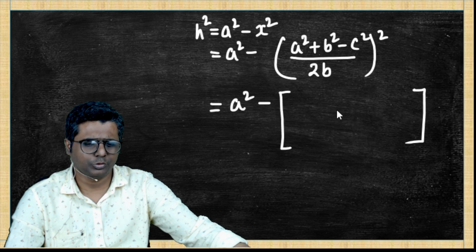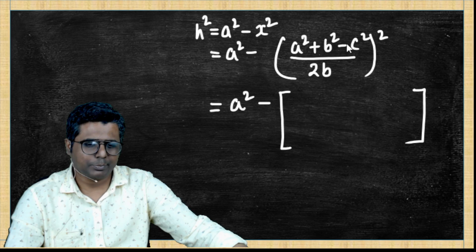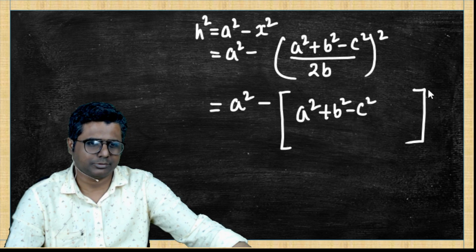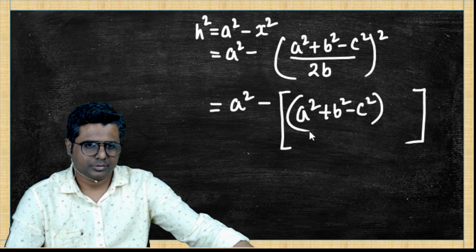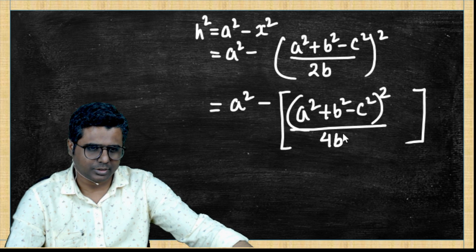So how am I going to do it? First of all, if I expand this in totality, it will take a lot of time, you know that. So what I'll do is I'll keep this (a square plus b square minus c square) whole square, and I'll write 4b square here.